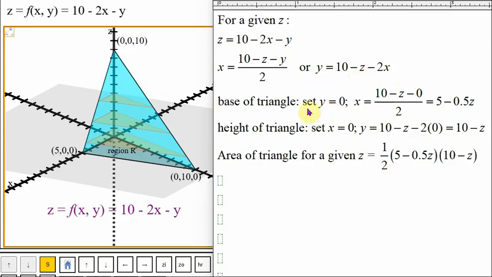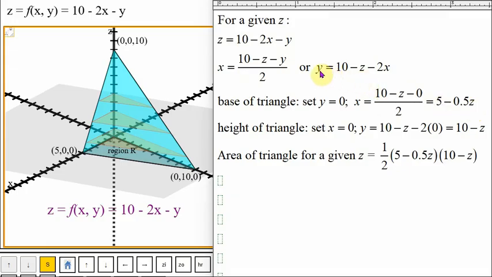To get the base of any triangular cross-section, the base is always directly on top of the x-axis. So we set y to 0, and we get x to be 10 minus z minus 0 divided by 2, or 5 minus 0.5z.